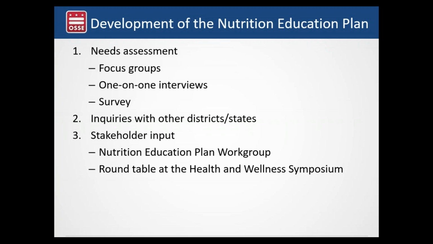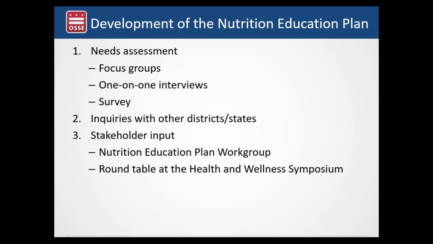And then using all of this information, we started thinking of what was needed, and we wanted to make sure that we were involving the community and those that are working in nutrition education. So we put together a Nutrition Education Plan Workgroup, and the workgroup met over several occasions to look at the plan, to come up with goals. And so the goals that we have finalized all came together over time, working with this group of stakeholders.